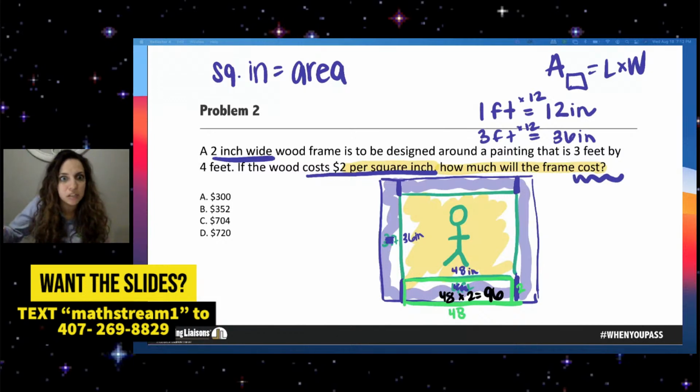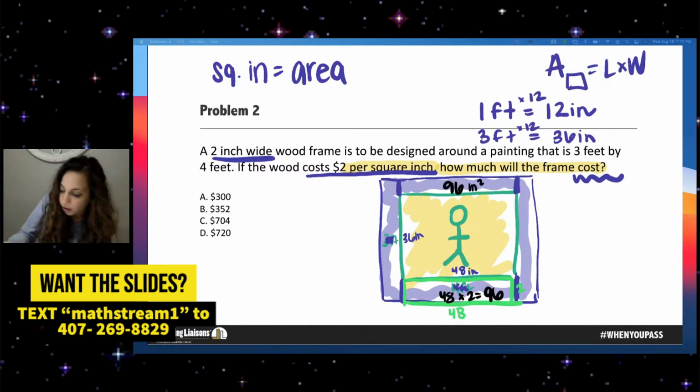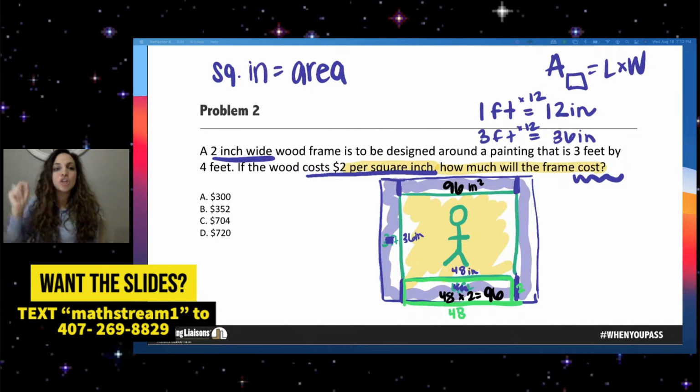Well, what does that mean for the top rectangle? The top rectangle is 96 inches squared as well. Here's the tricky part, and I get questions about this all the time. What is the area of the other 2 rectangles?